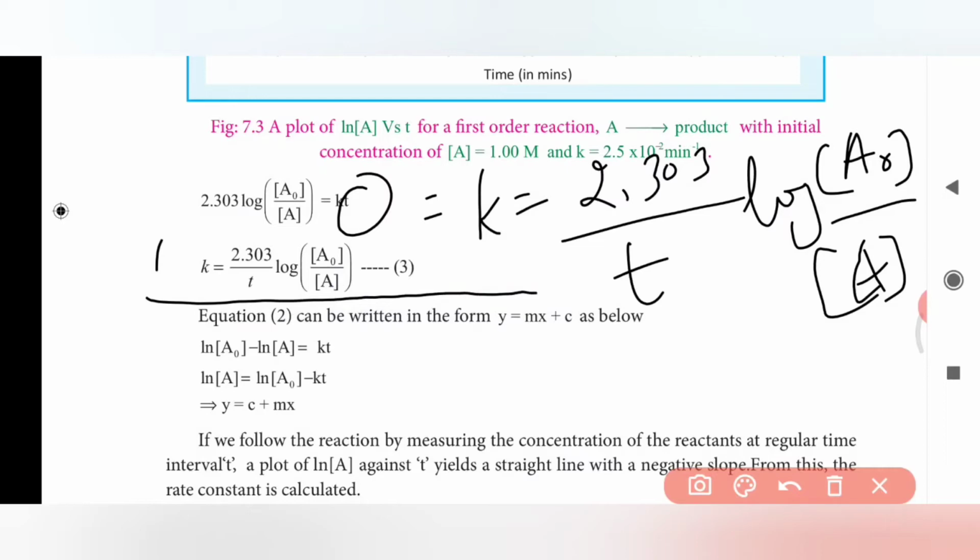If a problem asks about a first order reaction, you have to use this formula.